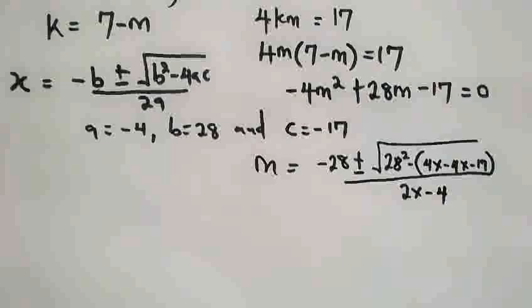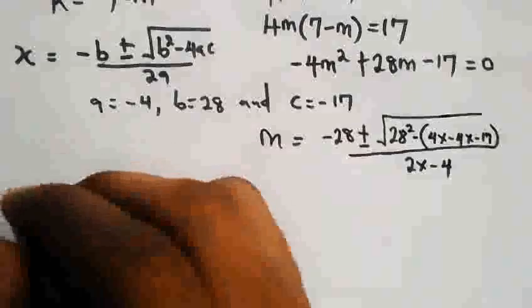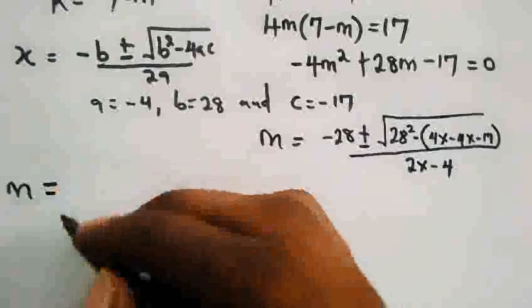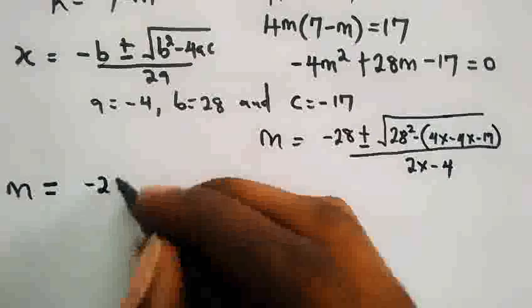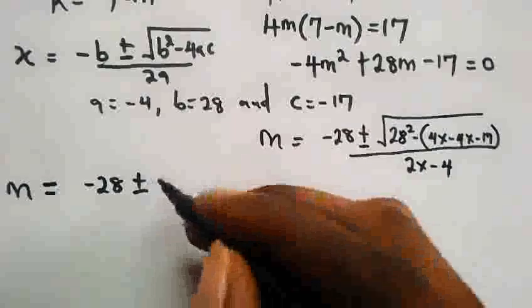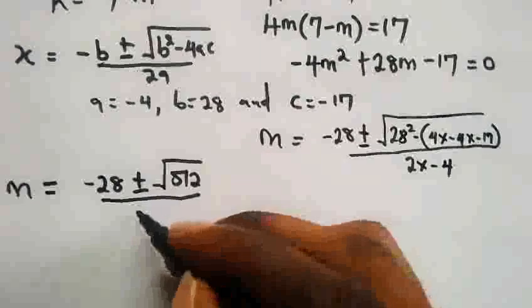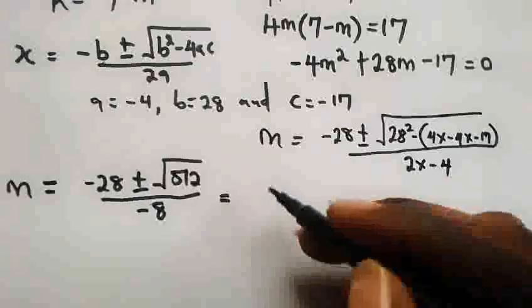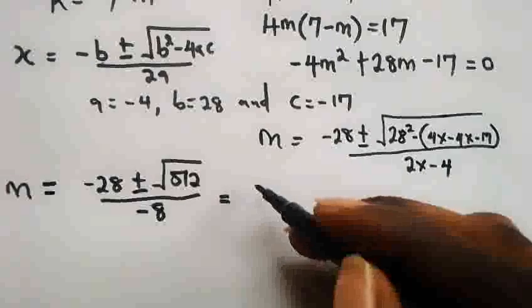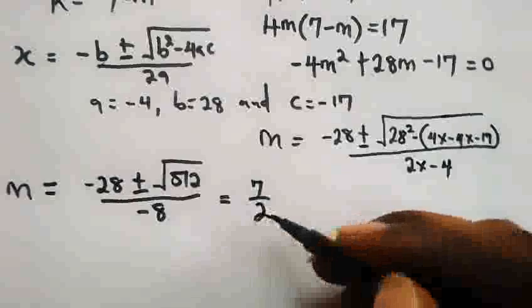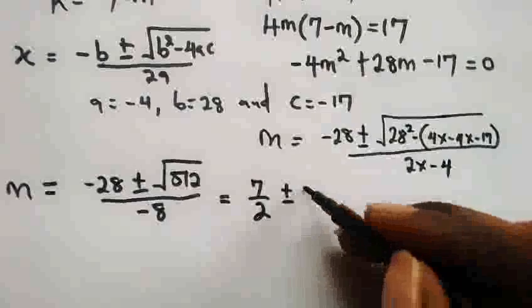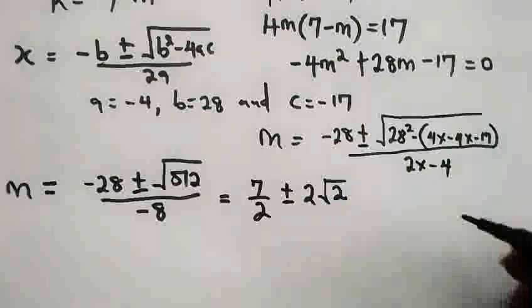Okay, now simplifying this way, we have that m is equal to negative 28 plus or minus square root of 512 all over negative 8, and this simplifies to 7 over 2 plus or minus 2 square root of 2.